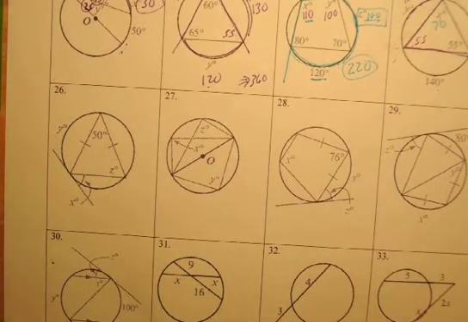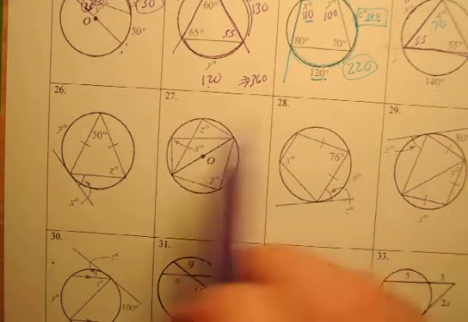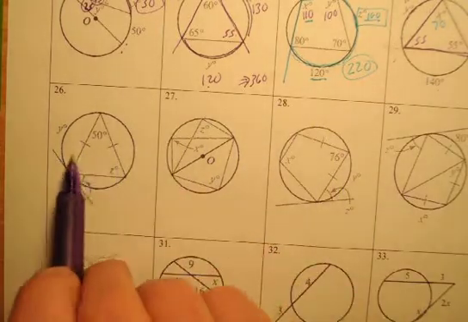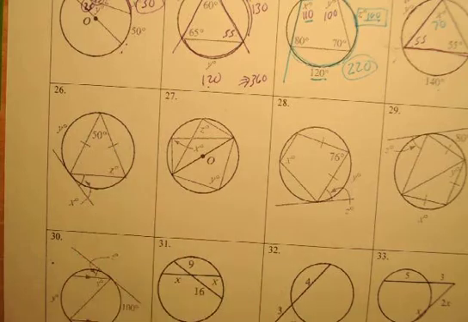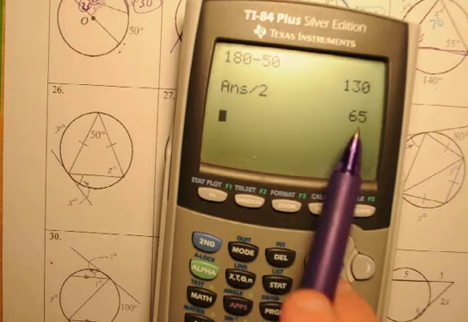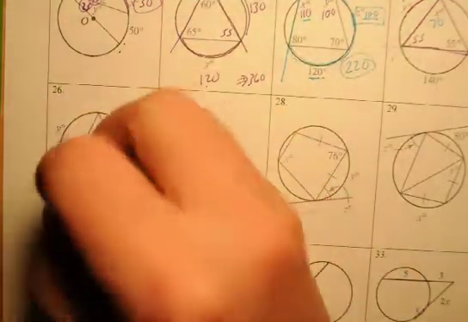More of the same. So we have an isosceles triangle. Start with 180 degrees in your calculator. Subtract 50. And divide that into two equal angles, so that's 65 and 65.